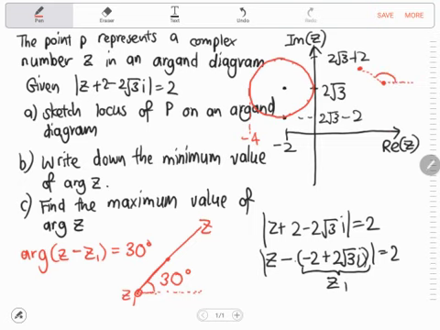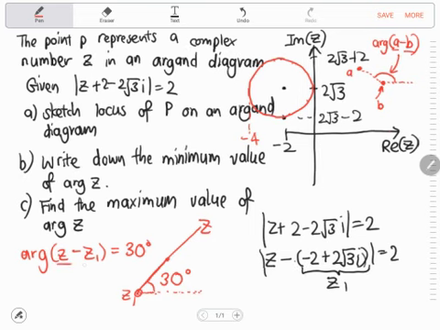Remember, we measure from here. If we say measure the angle of A from B, in other words arg of A minus B, it's the angle of A measured from B. So the angle of Z measured from Z1 is 30 degrees. It's 30 degrees over here.